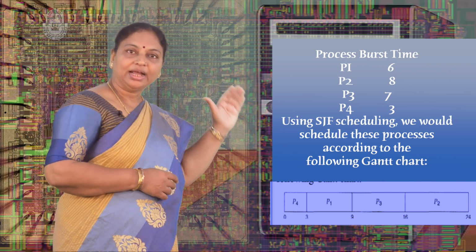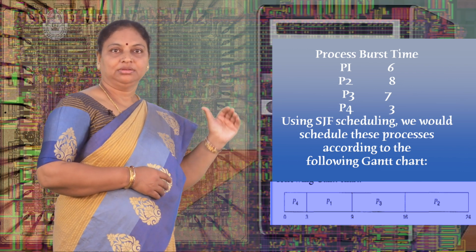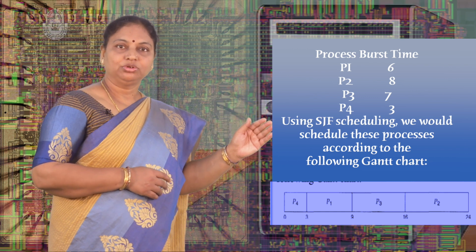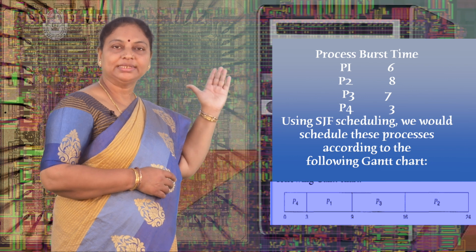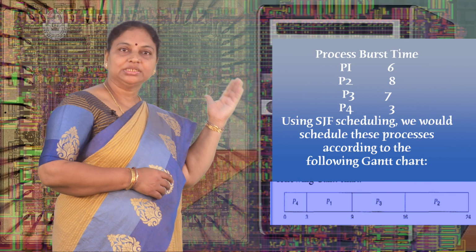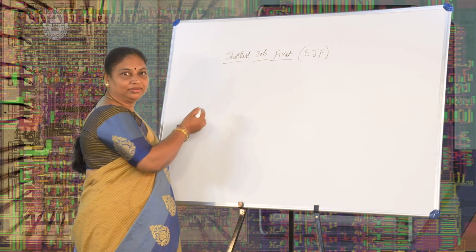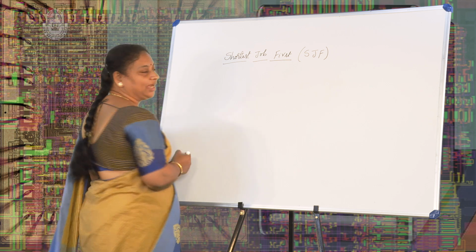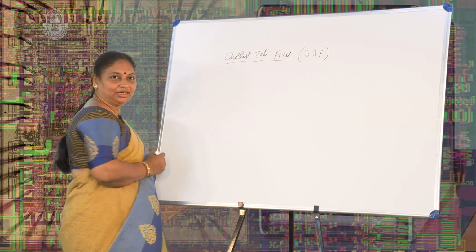So when we take the average of these 4 processes' waiting time, it comes out to be 7 milliseconds, which is less compared to the first come first serve scheduling algorithm implementation.